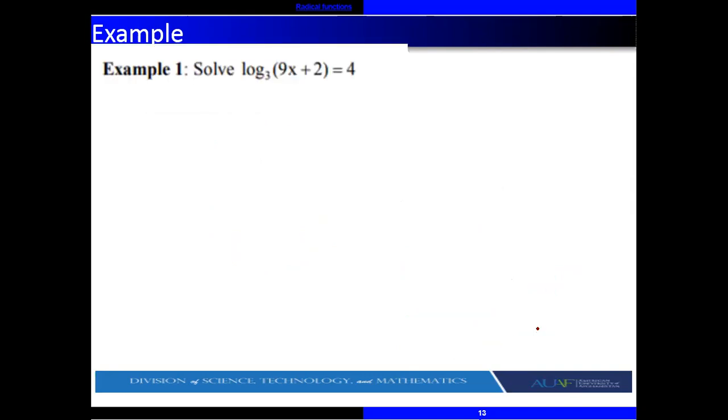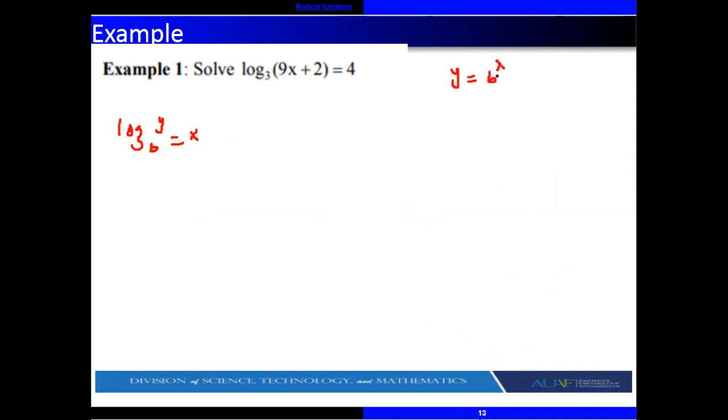Okay, how to solve this equation? We don't know the value of x. Okay, you know that main function of log is log of y, correct? At the base of b equal to what? At the base of b equal to x. And we know, for example, from the exponential function that y is equal to what?